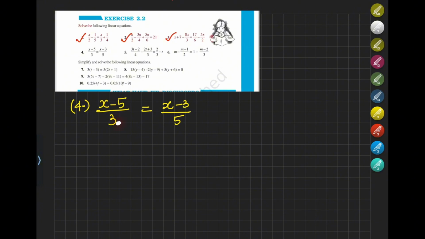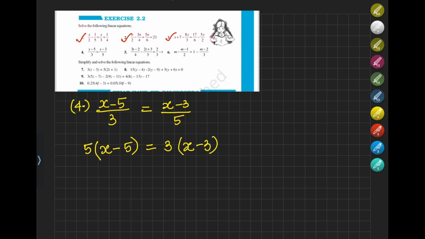We use a technique called cross multiplication. So we are going to multiply the denominator here with the numerator of the right hand side, and we are going to multiply the denominator of the right hand side with the numerator of the left hand side. So 5 into x minus 5 is equal to 3 into x minus 3.